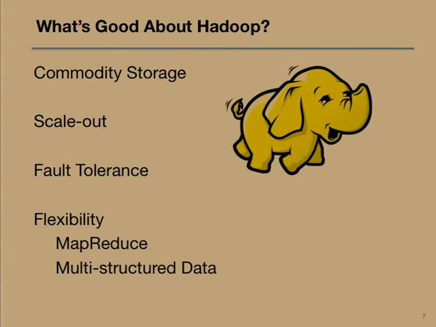HDFS in particular is a write once, read many times file system. It's sort of like an online archive file system. So the ability to operate on data in place in the format in which it lands on disk is very attractive. And Hadoop offers flexible tools that allow you to extract information from a variety of different formats.